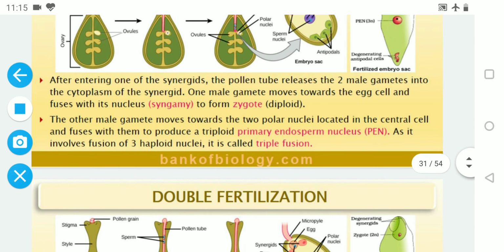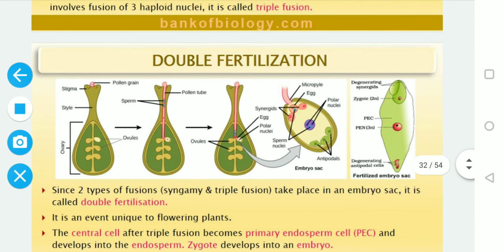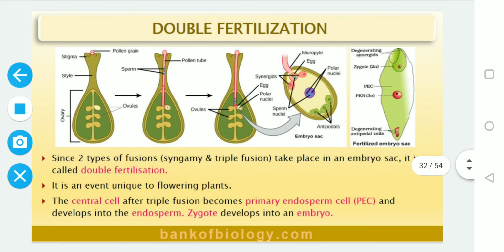Got it? Yes. So after this, what will happen? Since two types of fusion, that means syngamy and triple fusion, take place in an embryo sac, it is called double fertilization and triple fusion. It is an event unique to the flowering plants. Remember, this type of double fertilization cannot be seen in the earlier groups.